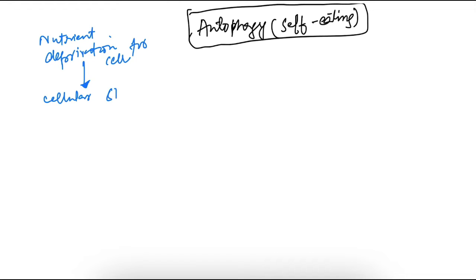In this condition of cellular starvation, there is a protein we call the nutrient deprivation (ND) sensor protein, present in the cytosol of the cell.